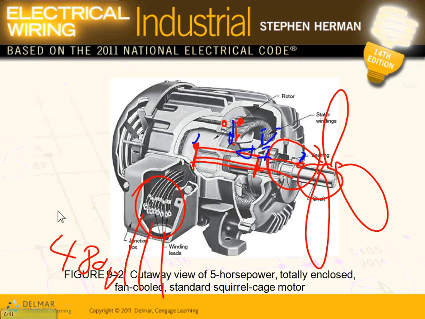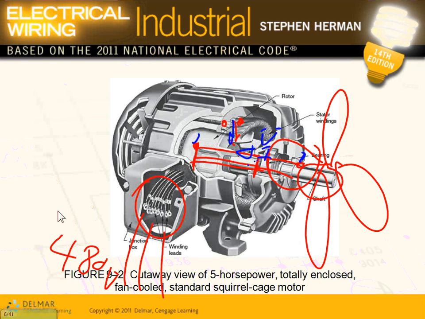That's where the word induction comes from. You induce a voltage from the stator into the rotor. The induced voltage creates an induced current. The induced current creates a magnetic field. The induced magnetic field interacts with the original magnetic field that comes from the voltage. Interact means you have a north next to a north, and they push away from each other. Here's one pole, then it keeps chasing.